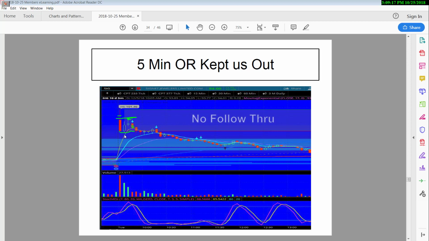It's probably that prior candle. So if it doesn't continue up in this direction, get out. All it's going to cost you really is your commissions. If it then pulls back and goes back up again, you can always get back in. If it came back down to here and then started to explode higher and got up to a better level, you could always get back in.